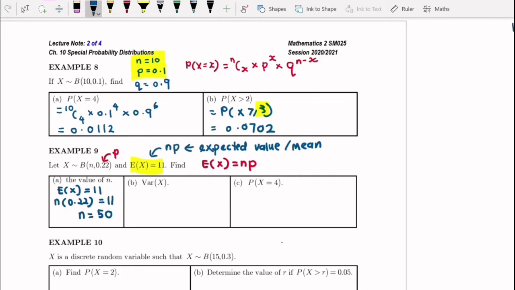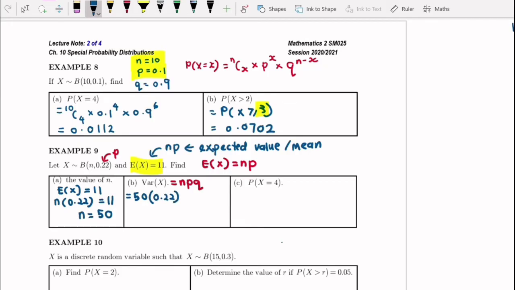So, now let's look at question B. Find the variance of x. For this question, we will use the formula for variance. Formula for variance is n times p times q. So, variance x, we already have n equals to 50. Then, we just substitute p, 0.22.